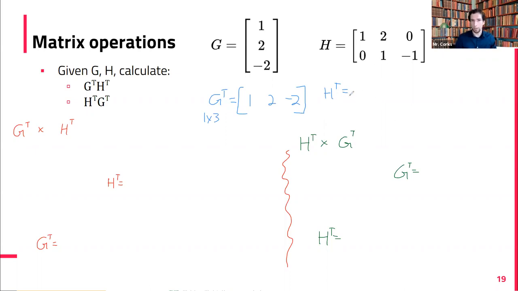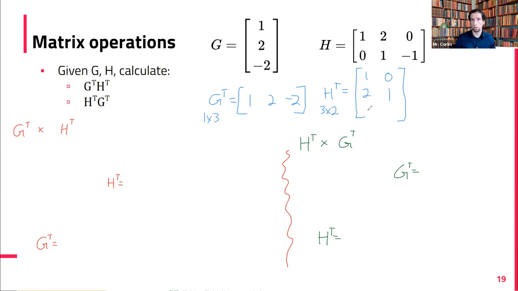So H transpose, what are the dimensions? 3 by 2. H is a 2 by 3, and when we transpose, we will get a 3 by 2. Okay, so tell me the first row here. 1, 0. Second row. 2, 1.